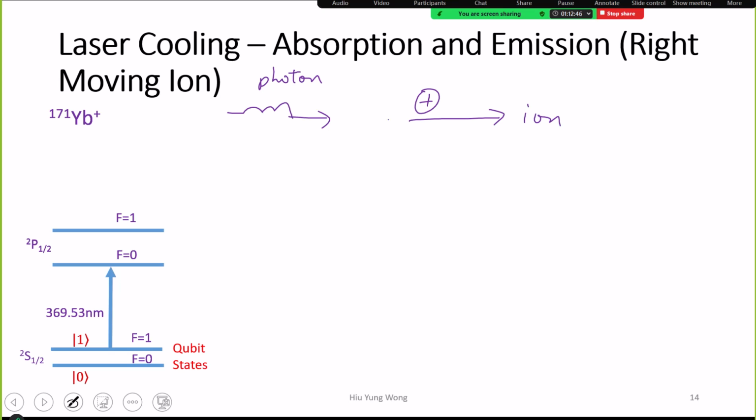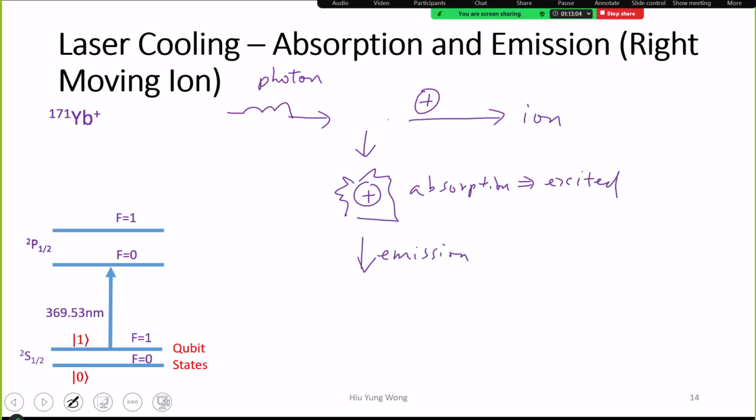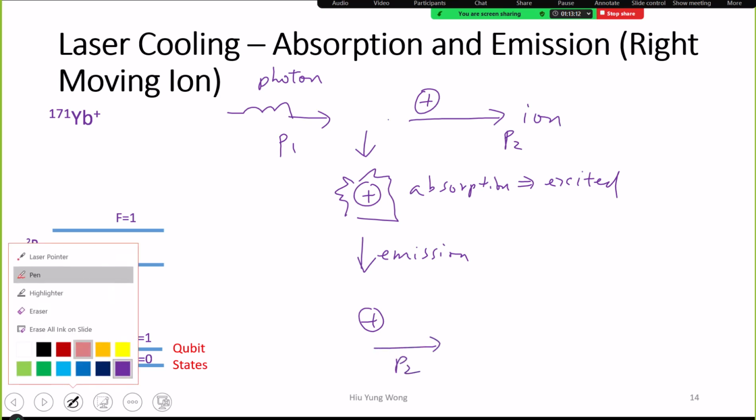Okay? So in that case, of course, you will absorb again. Absorption, and then excited, and then you're going to do emission. You go back, and this is P2, this is P1, and you have P2. But now you have the problem.